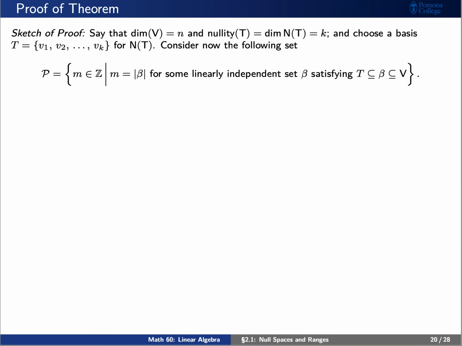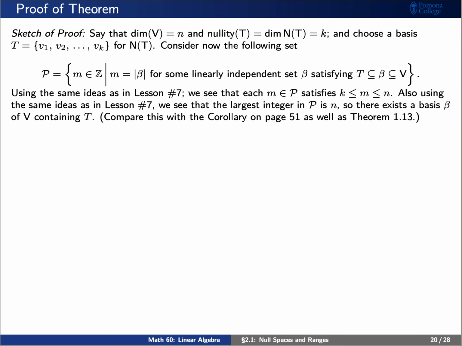Now I want to consider the following set. This will be the collection of those integers that look like they're the size of a linearly independent set beta that is contained in our domain V, but contains this set T. Using some ideas from a previous lesson, we see that this set P is a finite set.